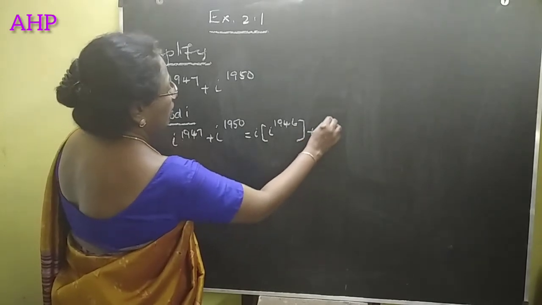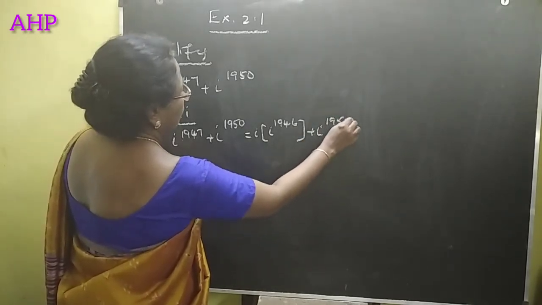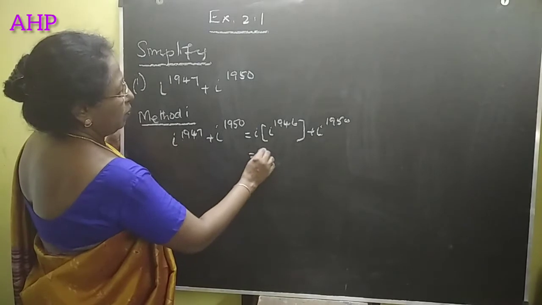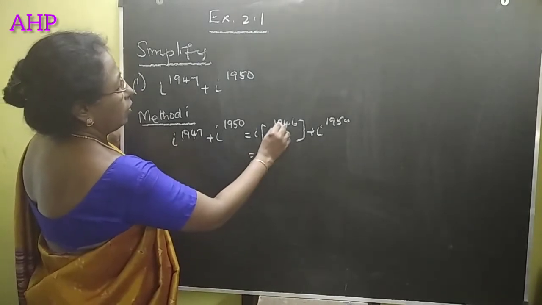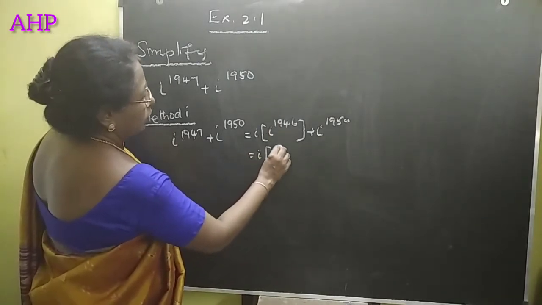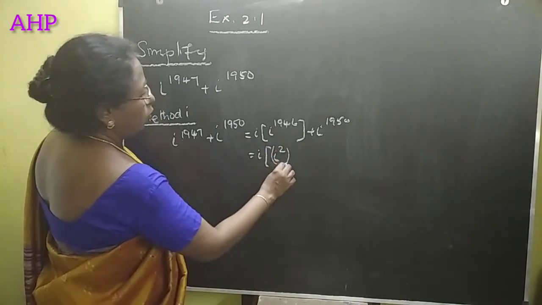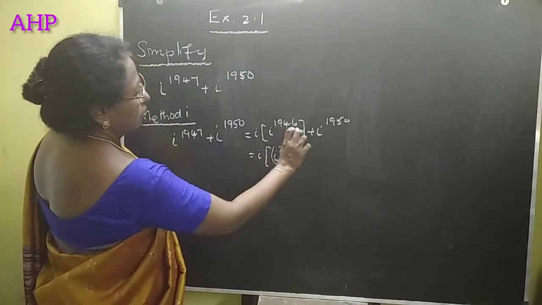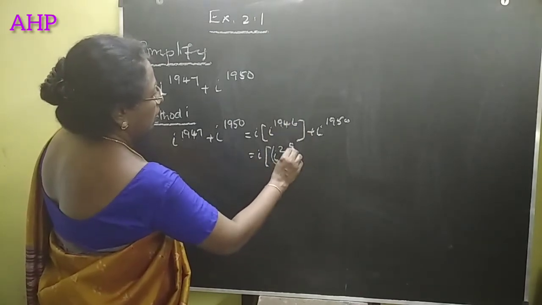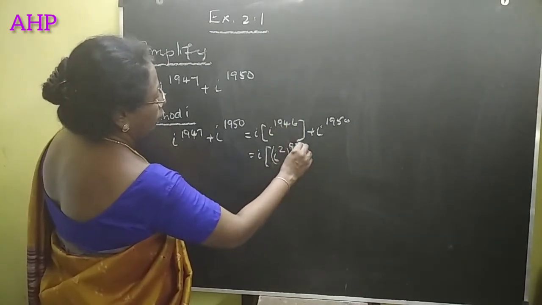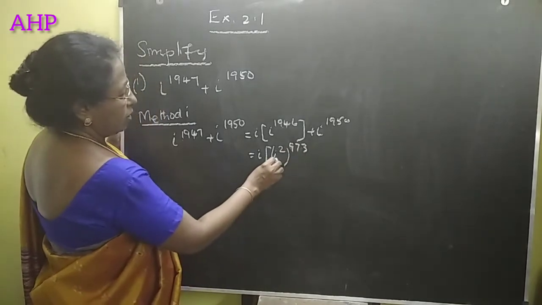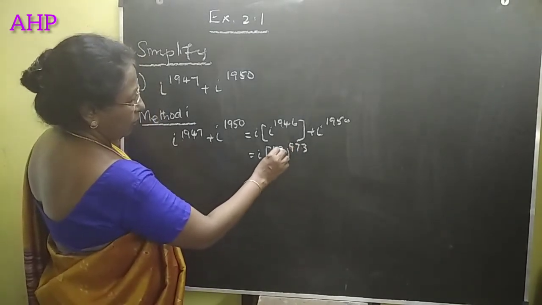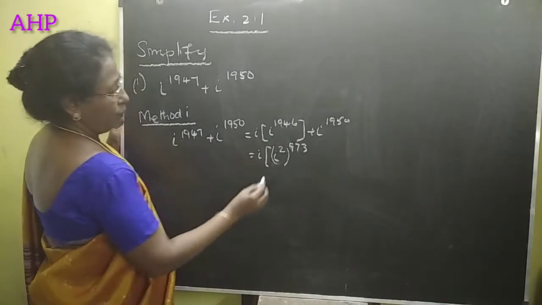Plus i power 1950. Now this can be written as i square, the whole power, dividing 1946 by 2, which gives 973. So i square power 973. Multiplying these two, you will get this number.